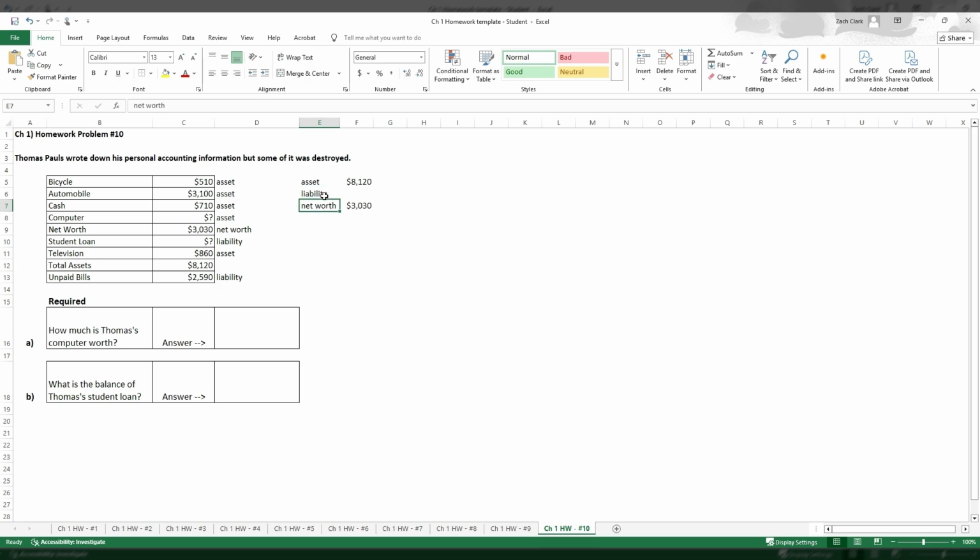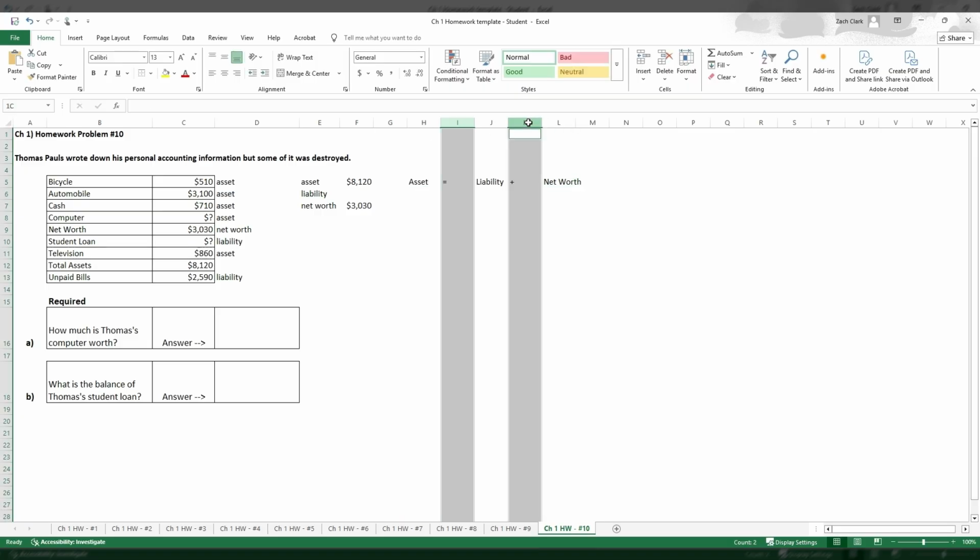Let me write this out as an algebra problem. I think that might help too. Let's do it like this, because I do feel like this problem can be just a little tricky if you don't have it visualized.